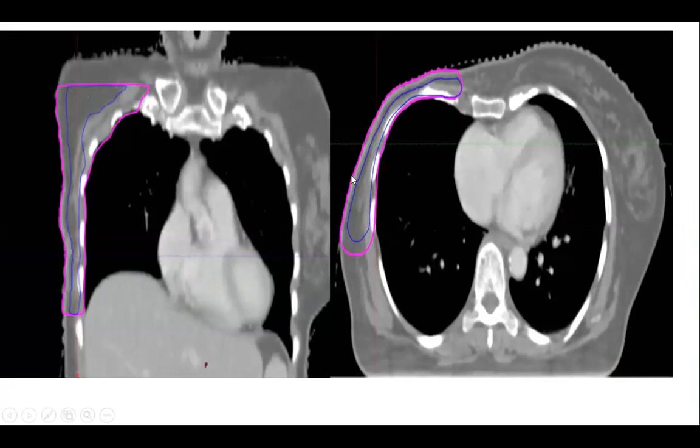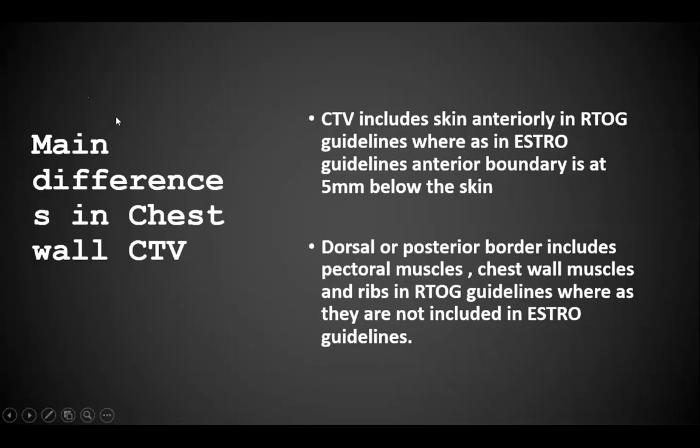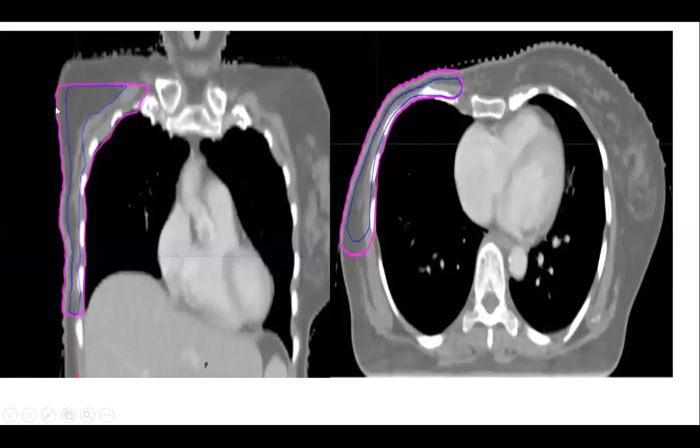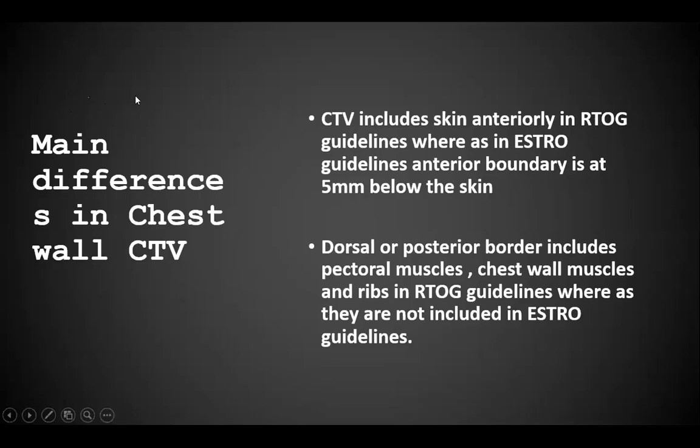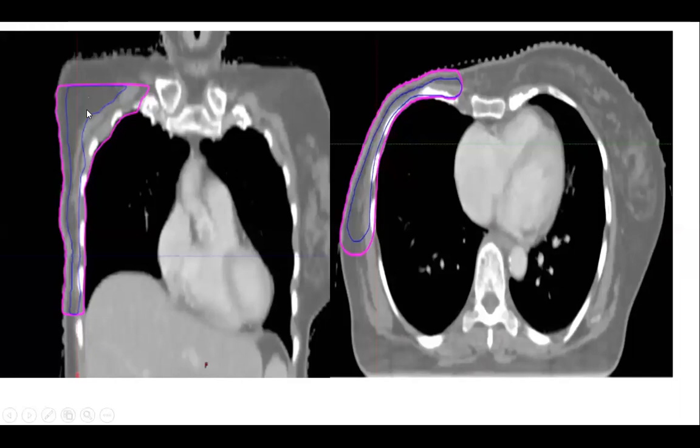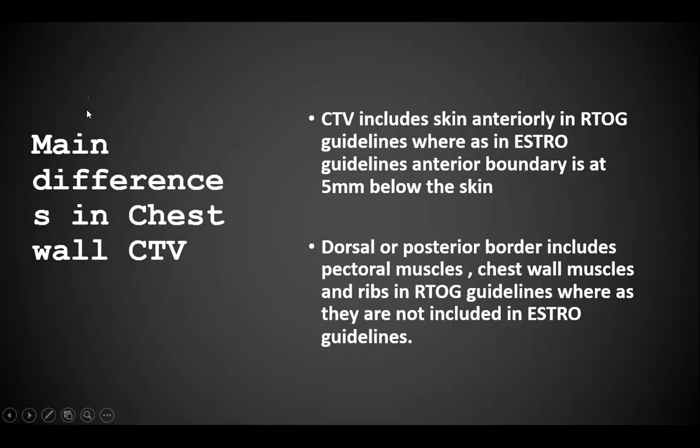In ESTRO, they have excluded the 5 mm from the skin surface, and they have excluded the rib, the intercostal and the pectoral group of muscles, whereas RTOG has included both of these. So we can see a huge volume is included in the RTOG, whereas ESTRO has taken a lesser volume. The basic differences here are the dorsal border and the anterior border of the chest wall.